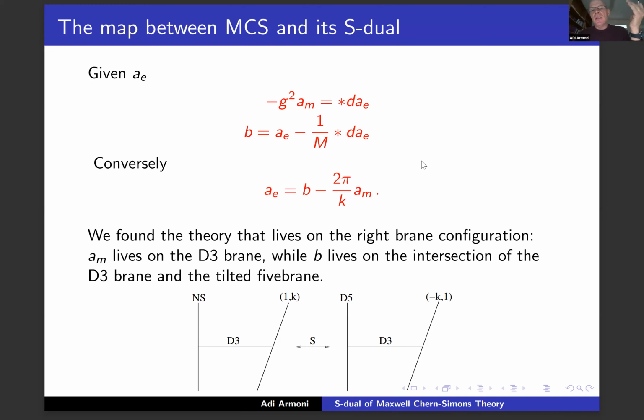Given AE, the variable of the electric theory, I can write down AM and B. And conversely, given B and AM, I can write what AE is. So essentially, I now know the explicit map between the two theories, which is very nice.